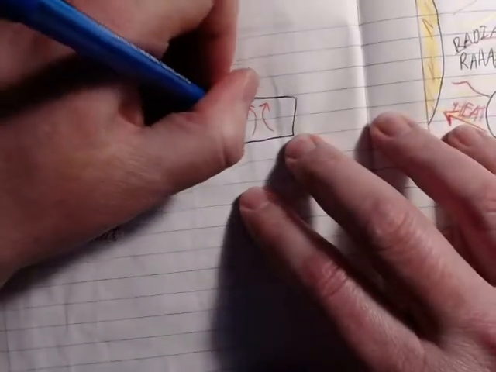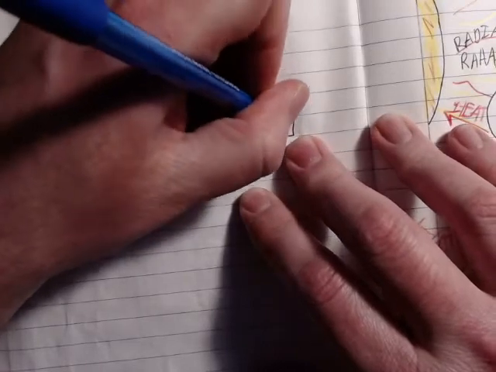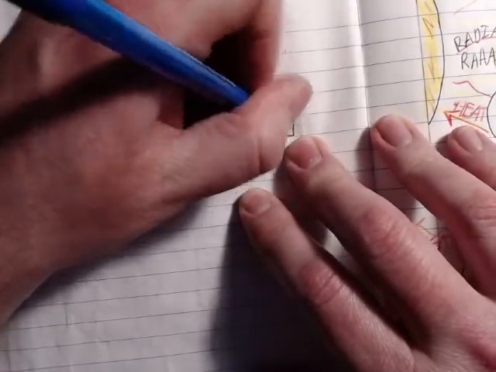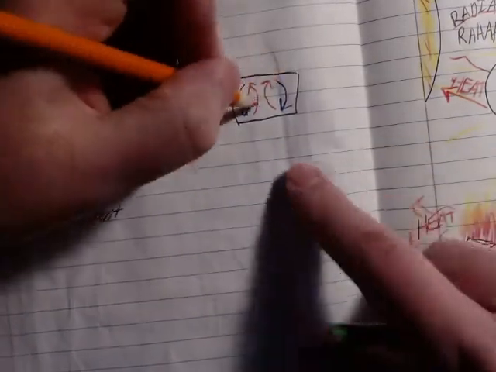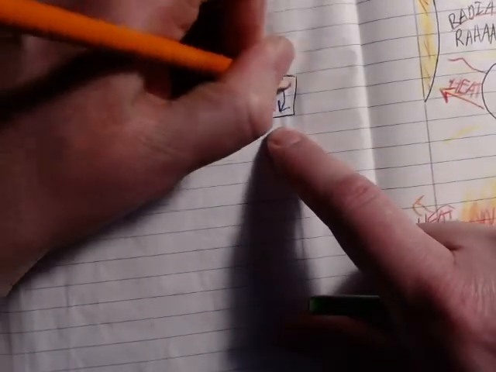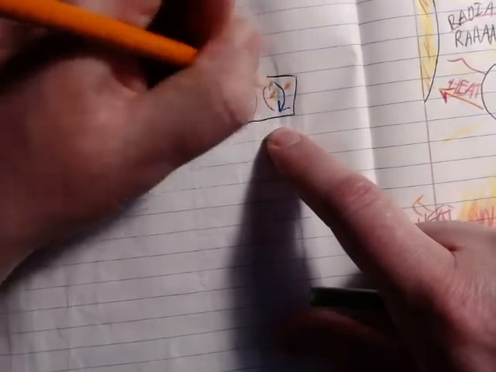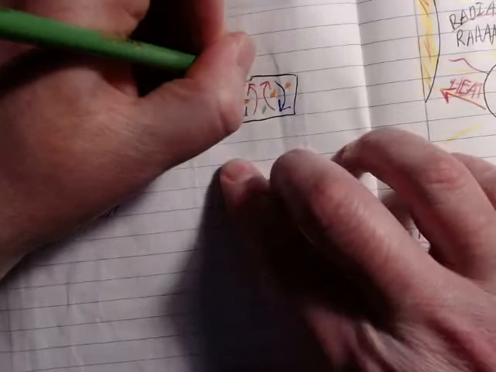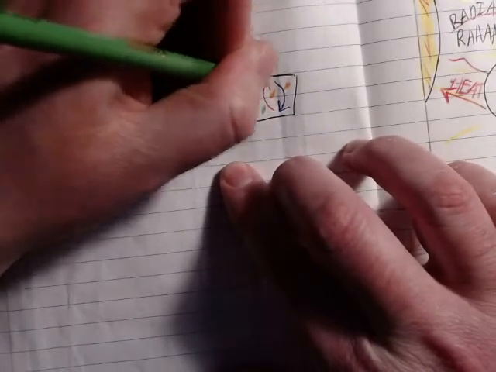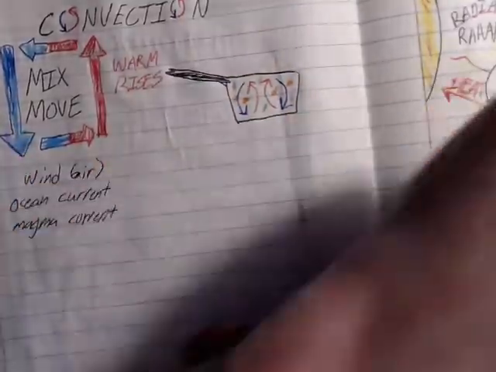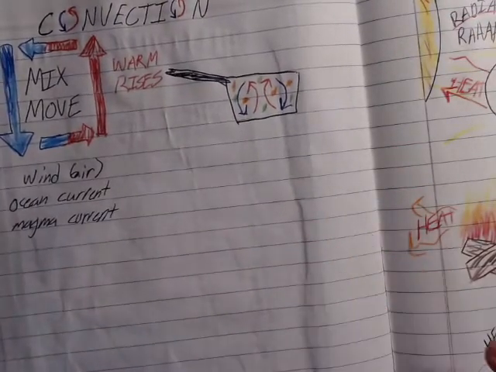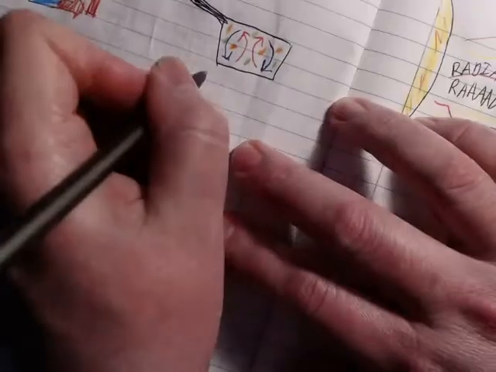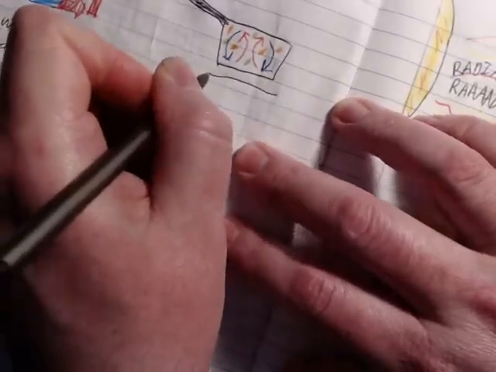Cool goes down. If you've ever watched soup boiling on the stove, or if you made ramen on the stove, you can see all your little tidbits and stuff. So I'm going to put some carrots in there because even ramen has little pieces of carrot. And some peas. But you can see the water moving, and that water moving in boiling water is caused by these convection currents, and these convection currents are caused by the pan being warmed.